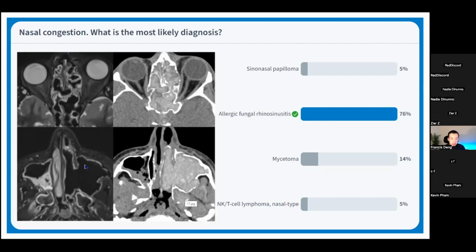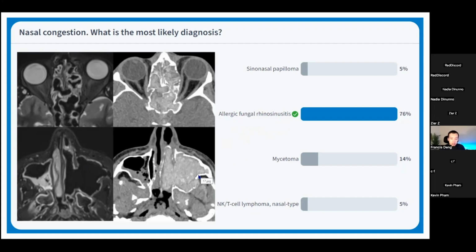These concretions are so devoid of fluid signal that they can be mistaken as aeration of the sinuses, but these are just thick concretions of fungal elements and very desiccated mucin. And this represents allergic fungal rhinosinusitis.